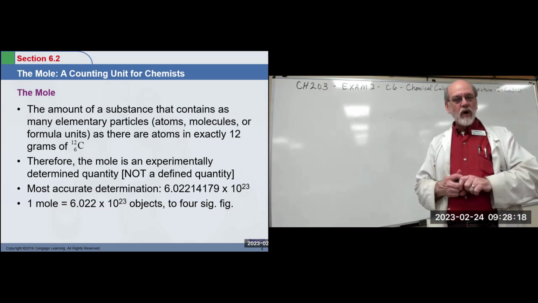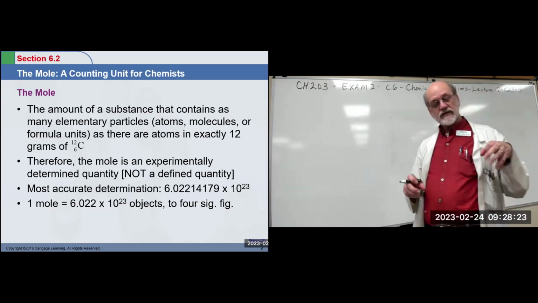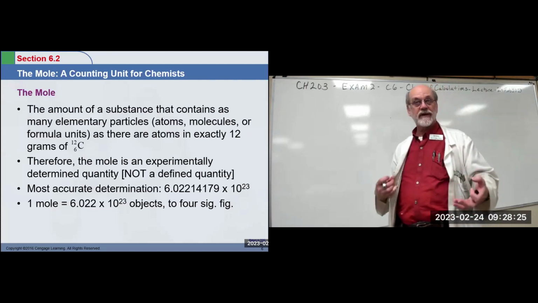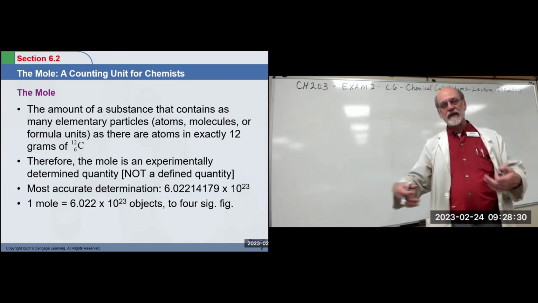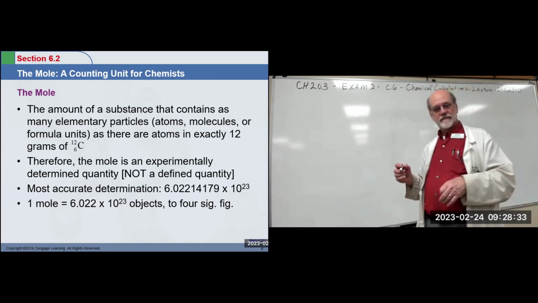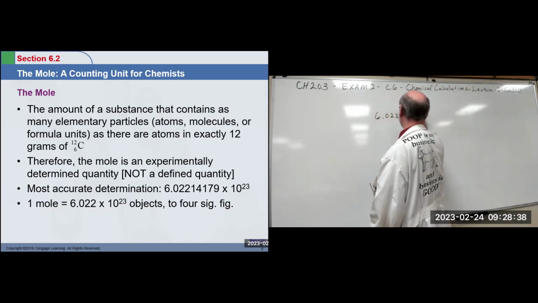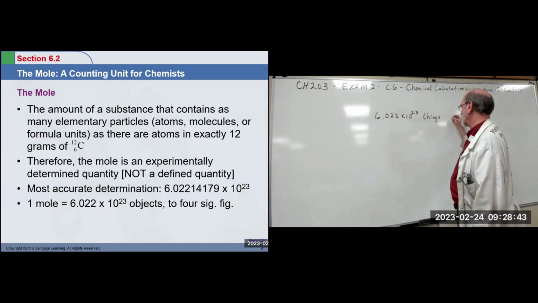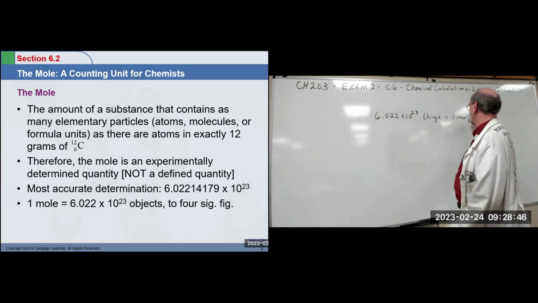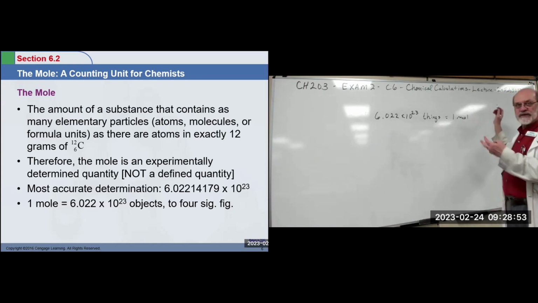And 1 mole of something is determined periodically by people who do this for a living out to like 20 or 30 decimal points. But we don't need that accuracy. All we need is this one, 6.022 times 10 to the 23rd things equals 1 mole. And we abbreviate mole by just dropping the E. That makes a lot of sense, right? Why not just put the E on there?